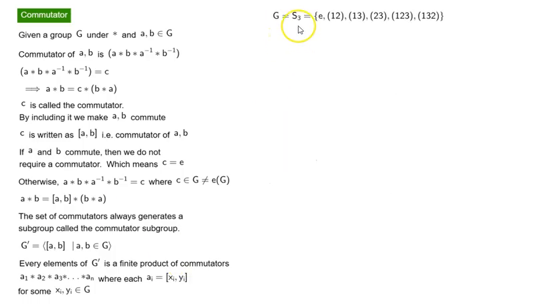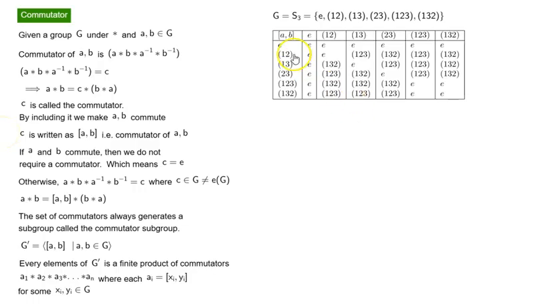Let's take G equal to S3. And we know S3 contains these elements: E, permutation (1 2), (1 3), (2 3), (1 2 3), and (1 3 2). Let me bring in the table of commutators. So here the group operation is the commutator, generating the commutators.